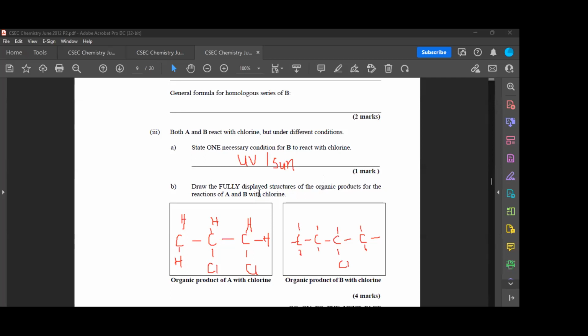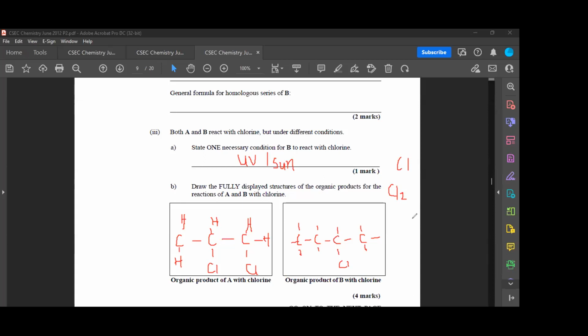Well, chlorine exists as Cl2. Chlorine does not exist as Cl. Chlorine gas, anything in group 7, exists as a diatomic molecule. So F2, Cl2, Br2, I2, At2, which is astatine.